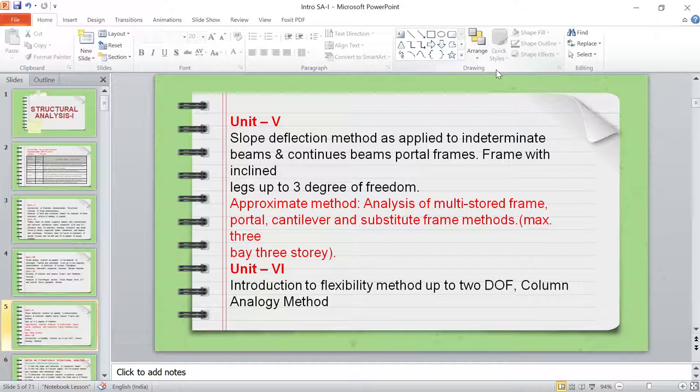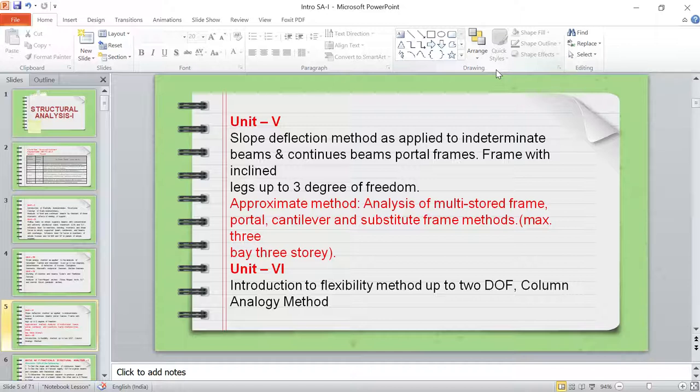But in actual practice the building is also subjected to the effects of natural calamities, that is earthquake forces as well as wind forces, and these are very predominant and affect the building very rigorously. The analysis of these forces comes under the topic called the approximate method.